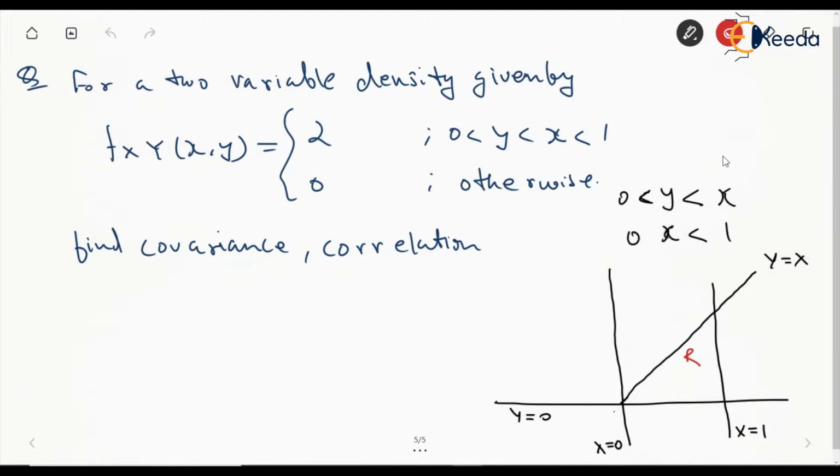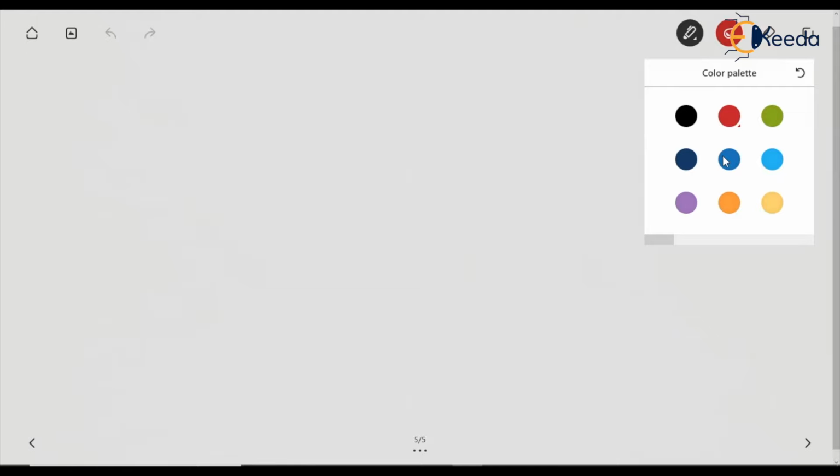So first thing first, we'll see what is the definition of expected value and the densities, marginal densities you can say. To find the expected value, we need marginal density. So let's find the marginal probability. Marginal probability for x will be given by integration of this density function in terms of y.